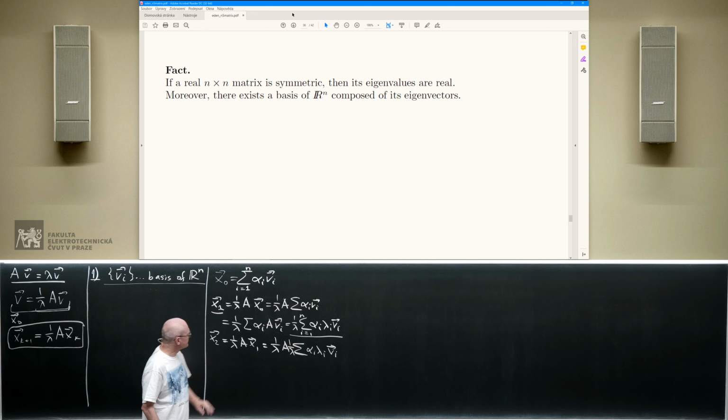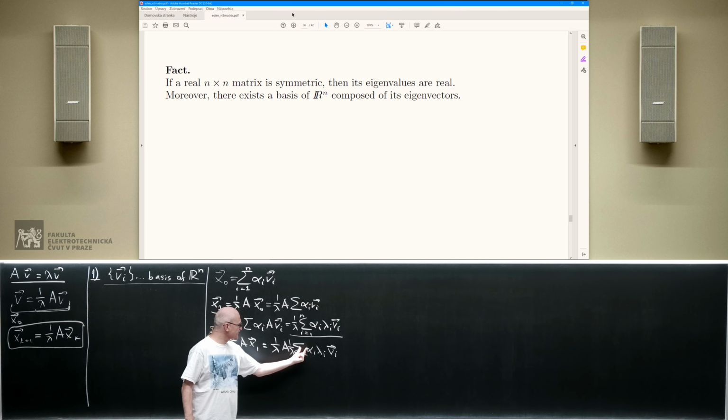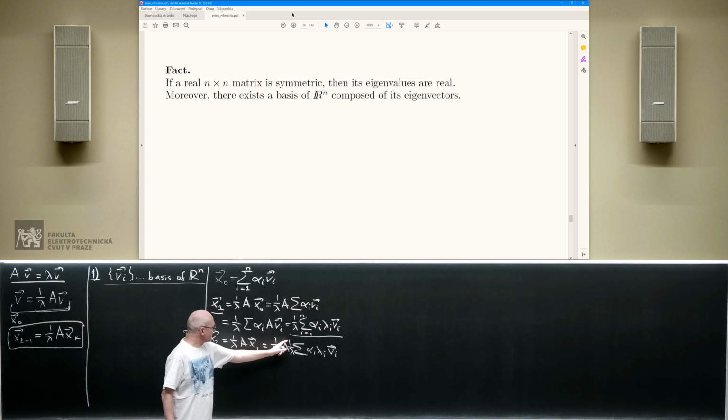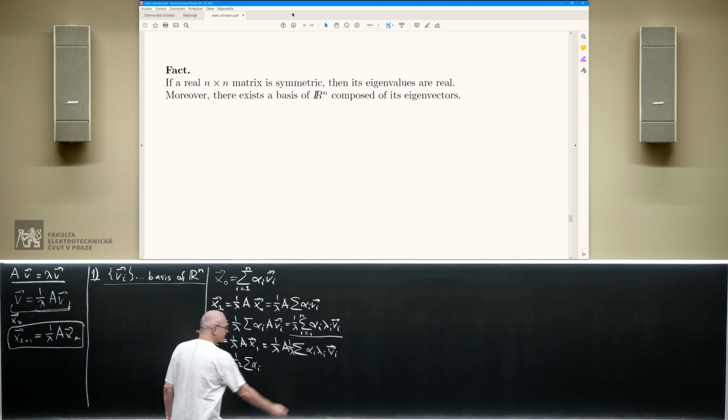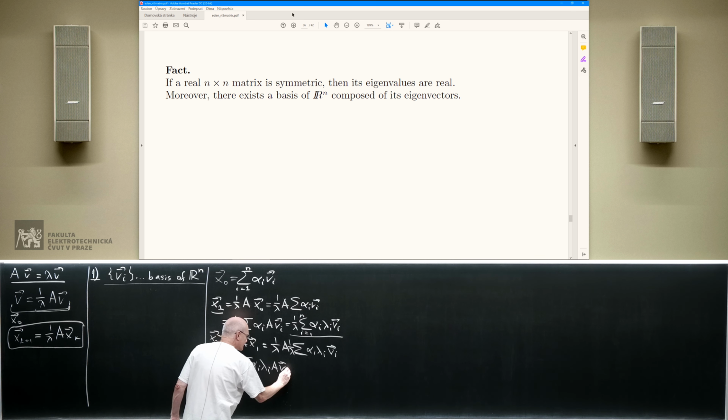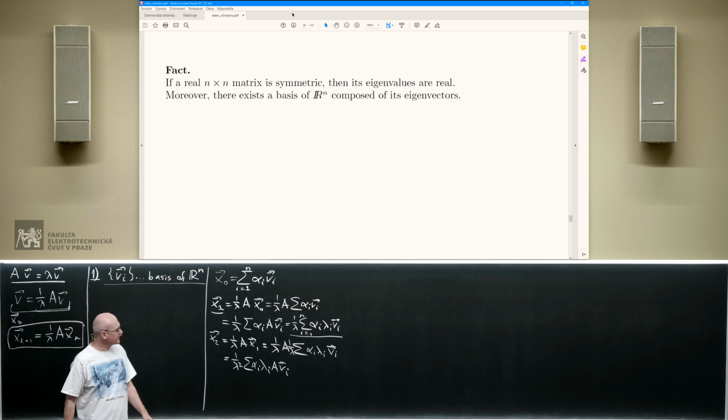So I substituted for x1, and now again I'm going to take A and move it to the right as much as possible. 1 over lambda, that's a constant, and it can move out of this chain of multiplications. Then there is a summation. I'm also pulling out alpha i, these are numbers. Lambda i, these are numbers. And that's the place where the matrix A finishes, in front of the vectors Vi.